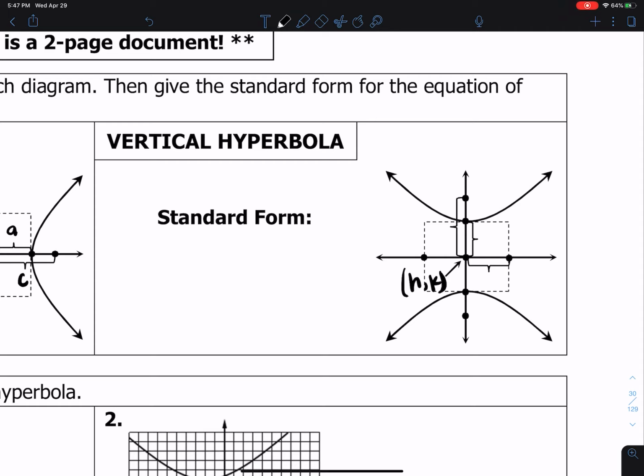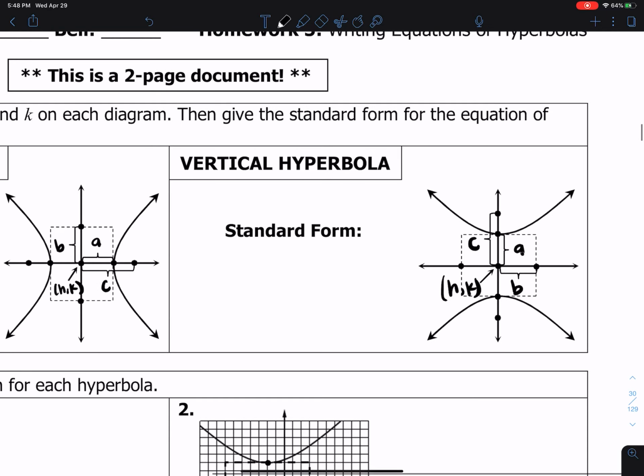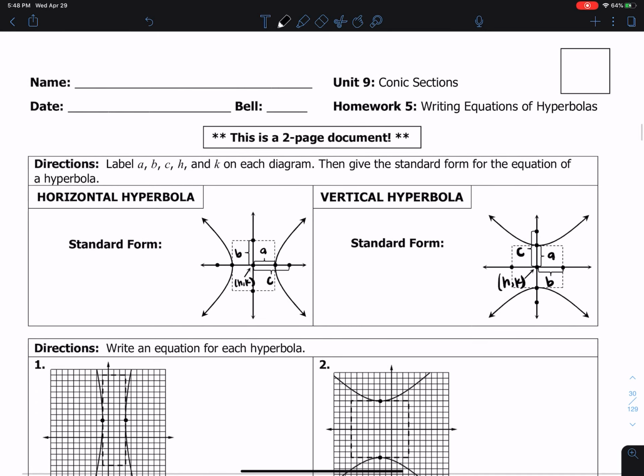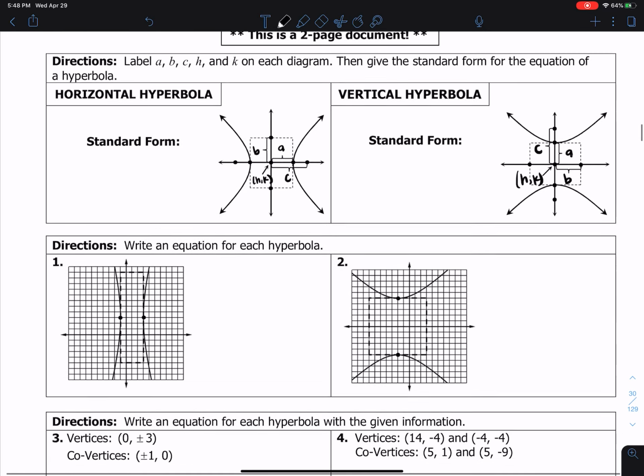And then we have A is from the center to one of the vertices, B is from the center to one of the co-vertices, and C is from the center to one of the foci. So that is those points labeled.